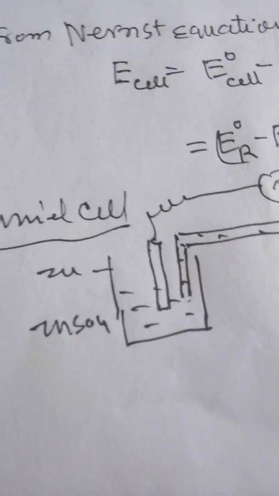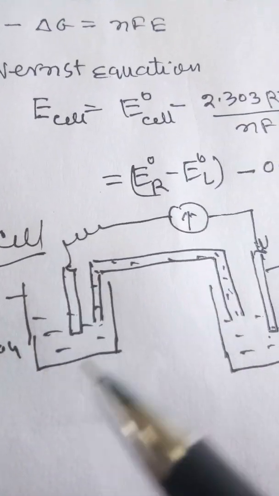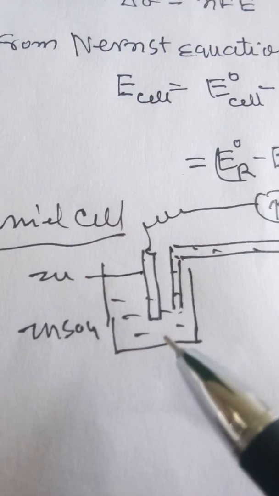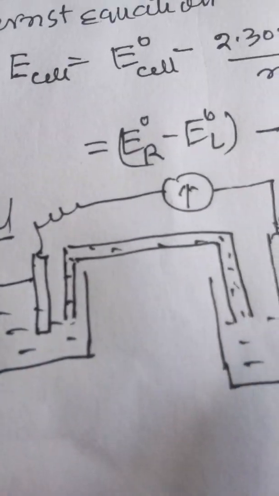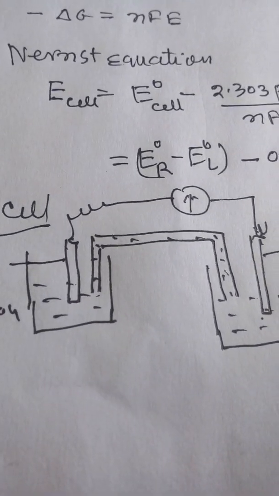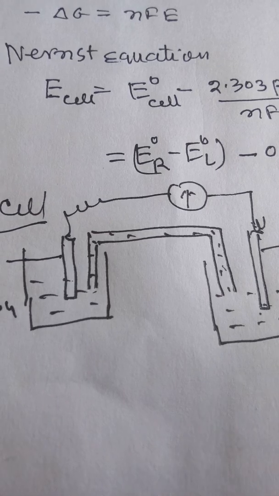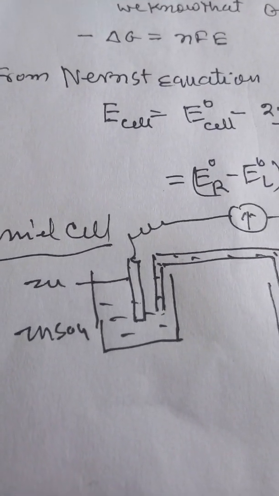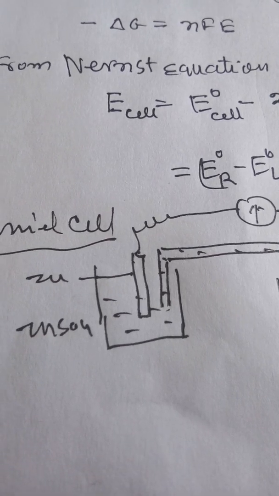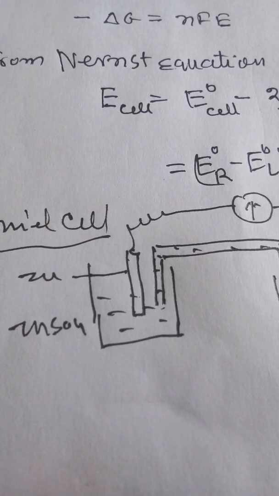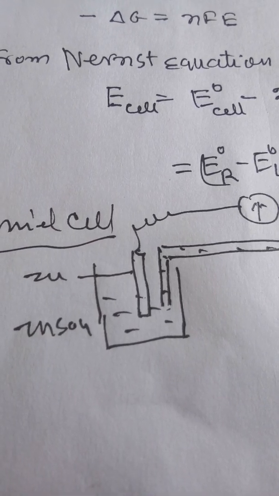What will happen? Some electrode potential will be developed if the zinc is put into zinc sulfate solution and copper is put into copper sulfate solution. From the definition of electrode potential, we know that whenever any metal rod is put into a solution of its own ion, electrode potential is developed.